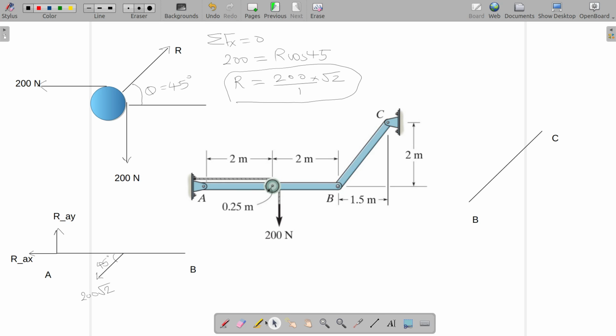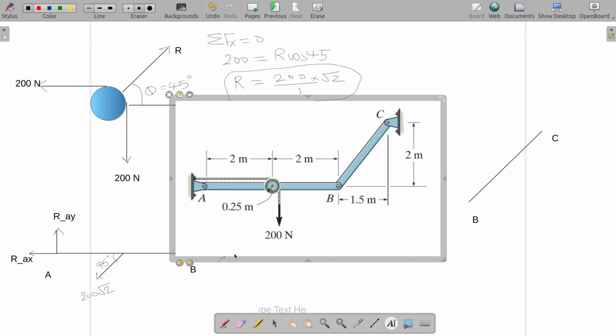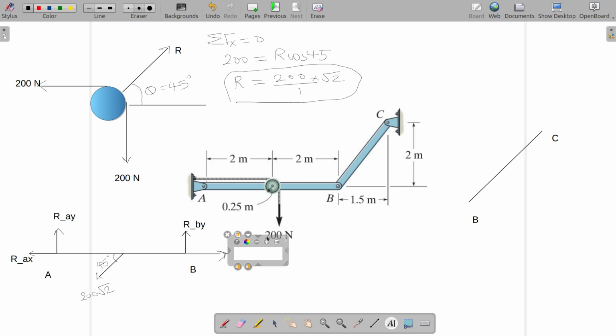Now here similarly there will be reaction forces at B also, for which you can assume the reaction from B in y direction, and reaction at B in x direction.